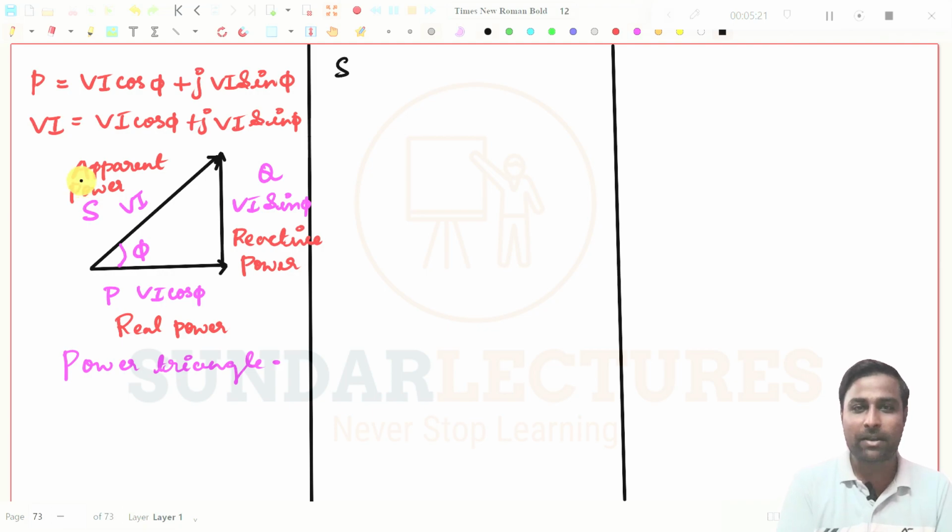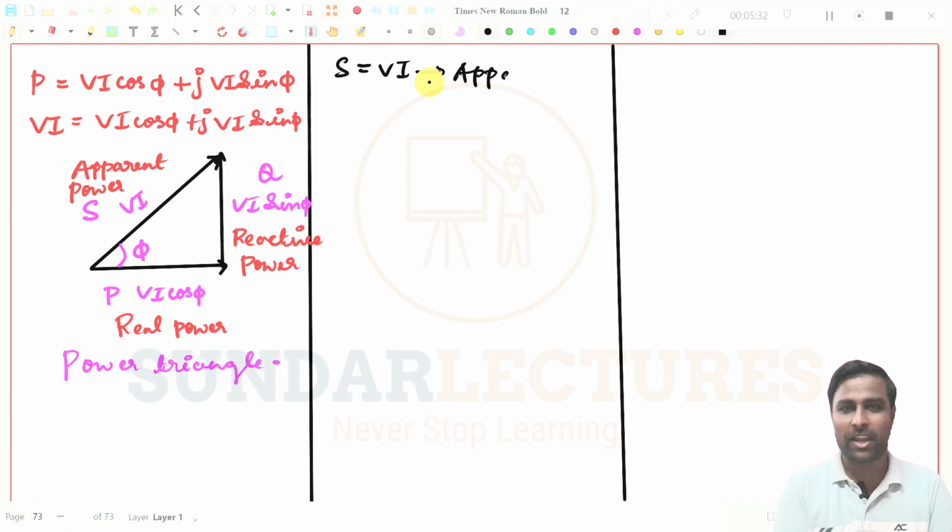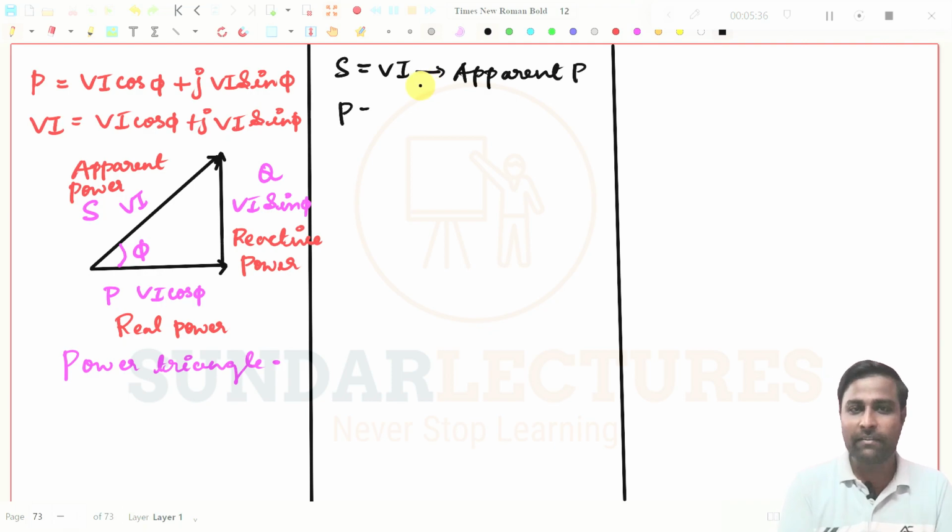So apparent power S is equal to what? This is VI. This is nothing but apparent power, right? We just need to name this one. Apparent power. And real power, which is P, is equal to VI cos phi. This is nothing but real power.